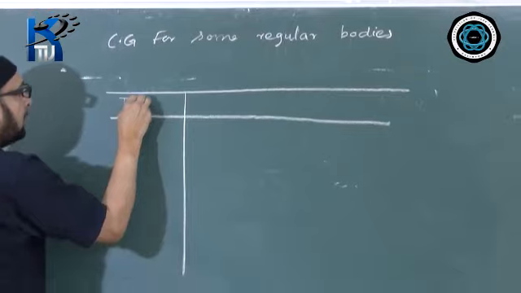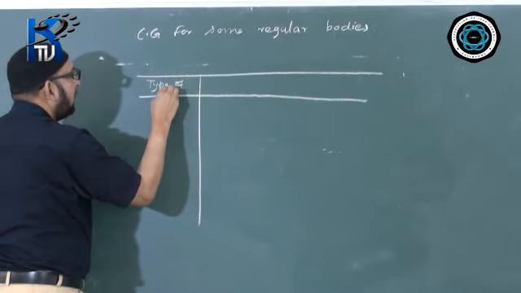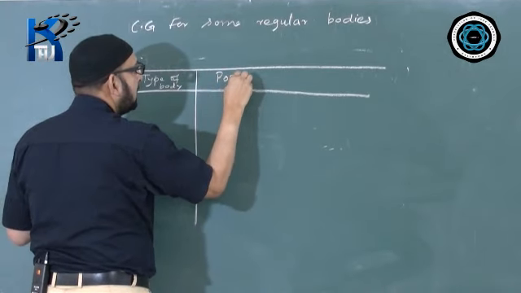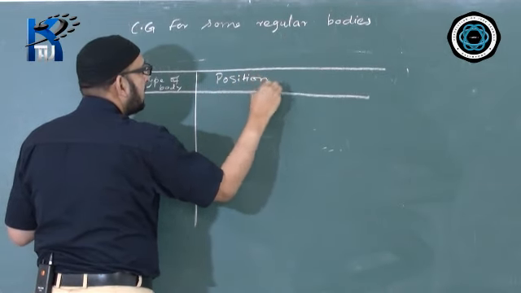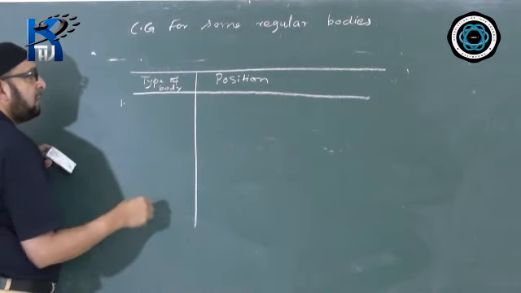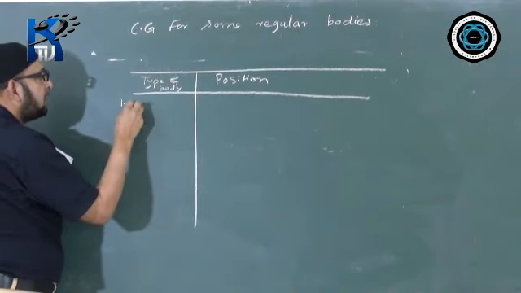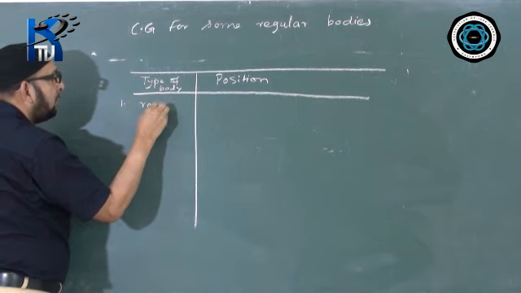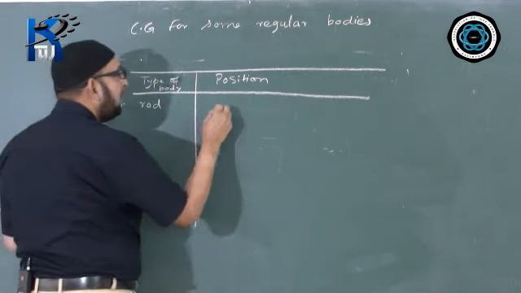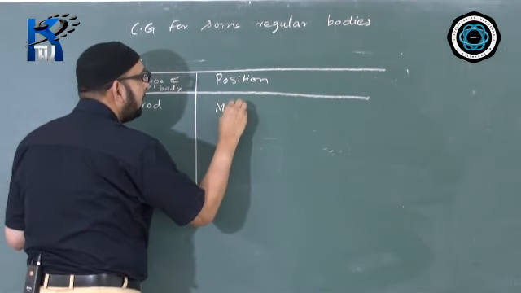Here we write type of body, here position of CG. The table is given in the book as well, so you can learn from there also, or you can just copy this table. First one is, if a body is in the form of a rod, where will the CG of this rod be situated? We write here midpoint of the rod.